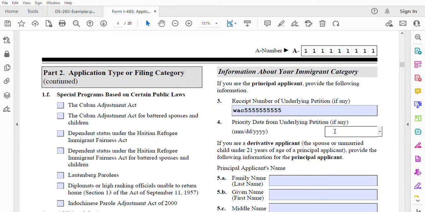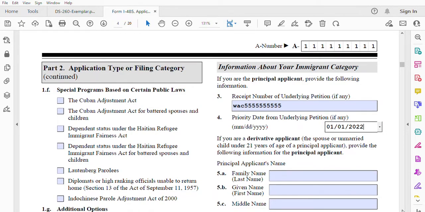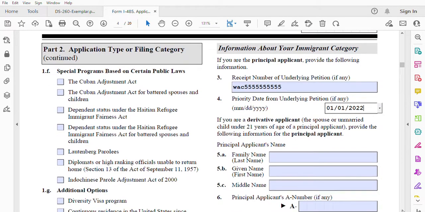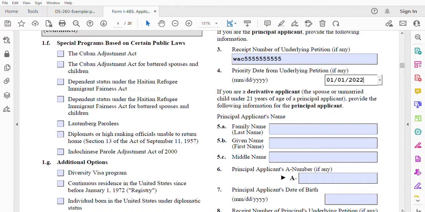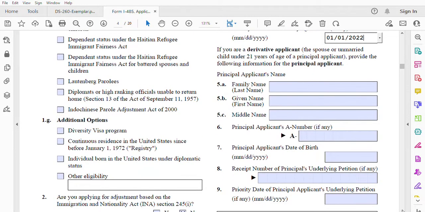It's 01/01/2022. If you are a derivative applicant, spouse or unmarried children under 21 years of age of a principal applicant, provide the following information. In our case, no.